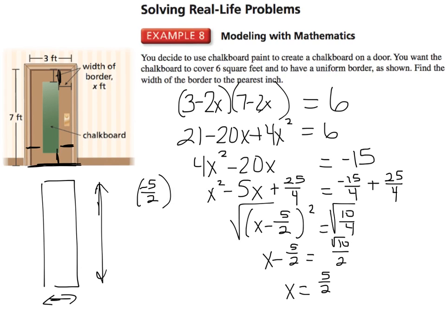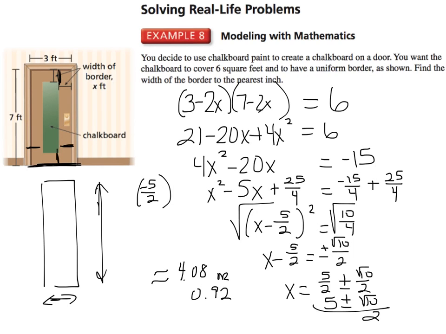So my final answer will be 5 plus or minus root 10, all divided by 2. If you figure that out, it's going to give me approximately 4.08 or 0.92.